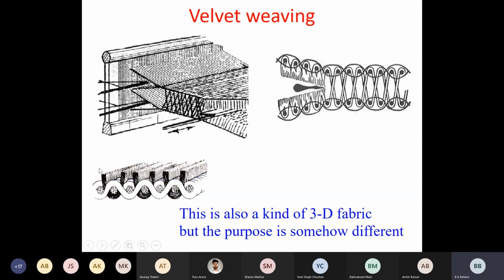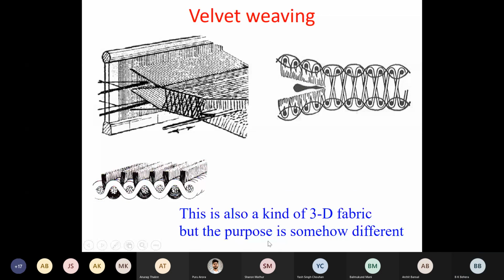Then we get a fabric of this type, which is called velvet. You must have come across this fabric. Very smooth surface, hairy surface, used for many purposes. It's called velvet weaving. This is also a kind of 3D fabric because of its structure, because of its thickness, because one of our definitions of 3D fabric is a very, very thick structure.